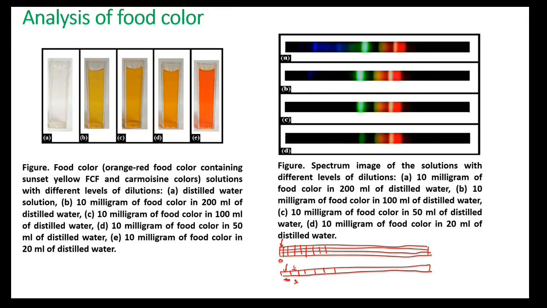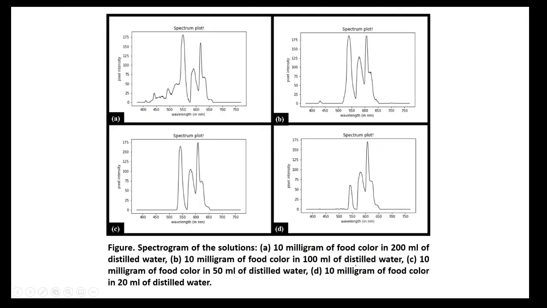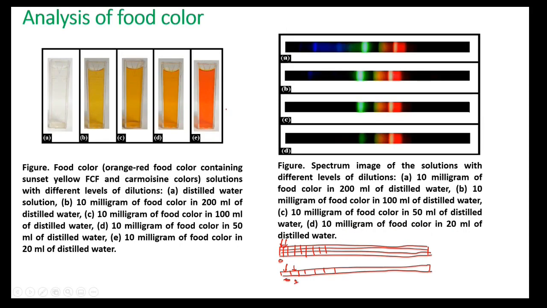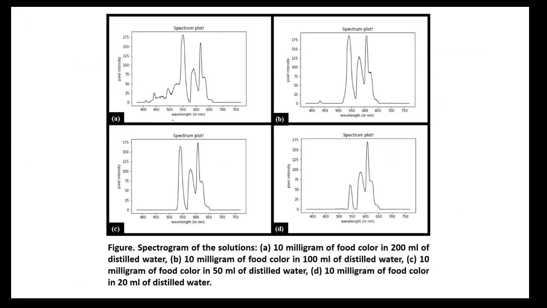In the next, we will be having the average values of the second column and so on. And from there, we get the pixel versus intensity levels. Now, how do we find out what the wavelength is over here? What pixel corresponds to what wavelength?